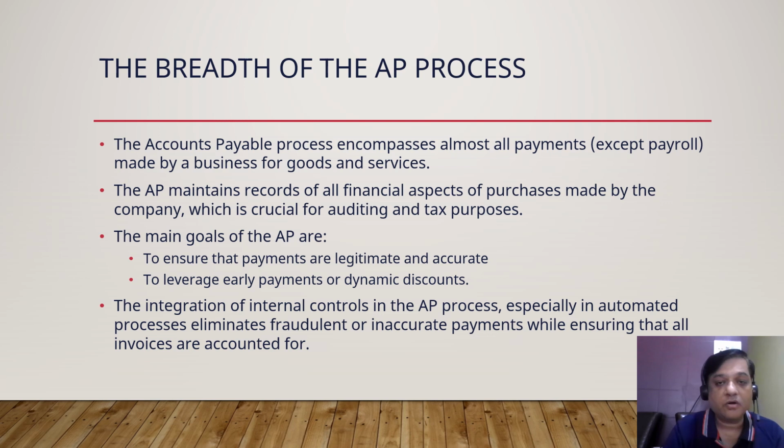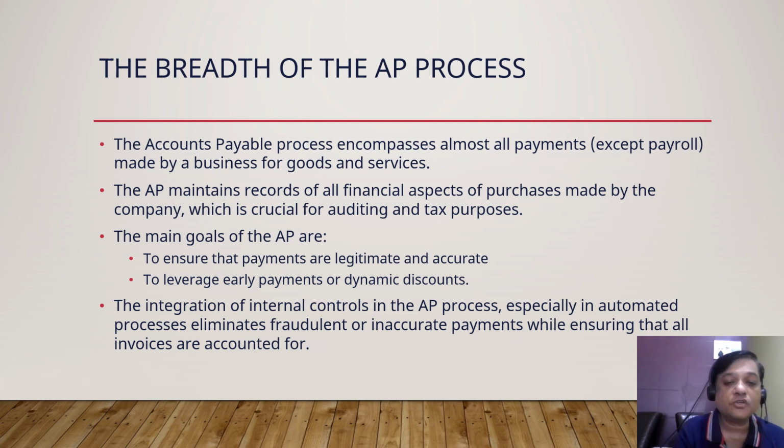The breadth of the AP process. Now, the accounts payable process encompasses almost all the payments except payroll made by a business for goods and services. The AP maintains the records of the purchases made by the company, which is crucial for auditing and tax purposes. The main goals of the AP are to ensure the payments and to leverage early payments or dynamic discounts.